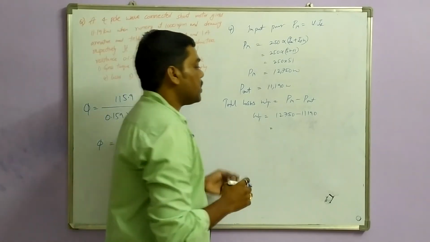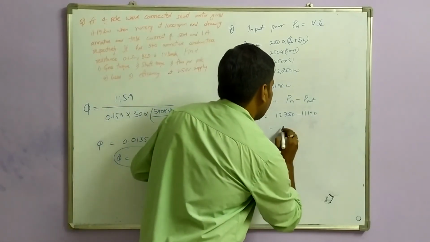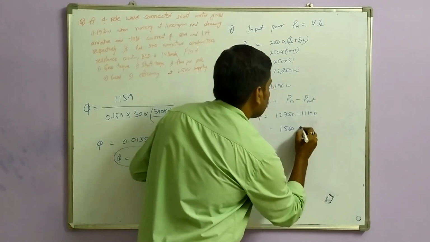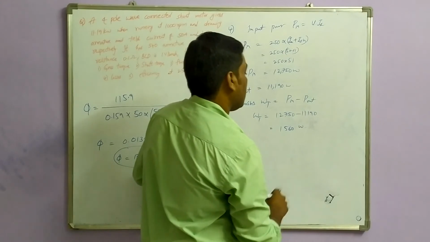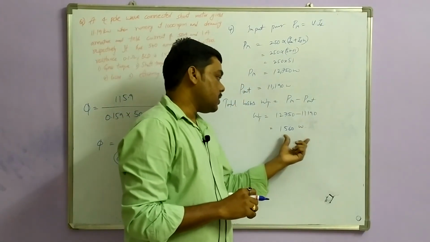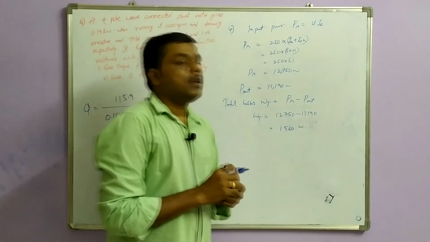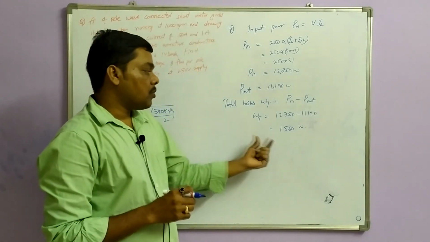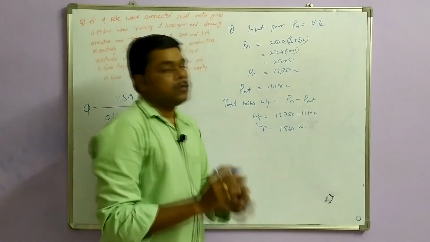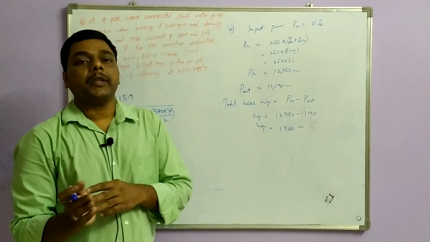So you may get around 1560 watts. Okay, so 1560 watts is the total losses, nearly 1.5 kilowatts. Now we'll distribute them into constant losses and variable losses.